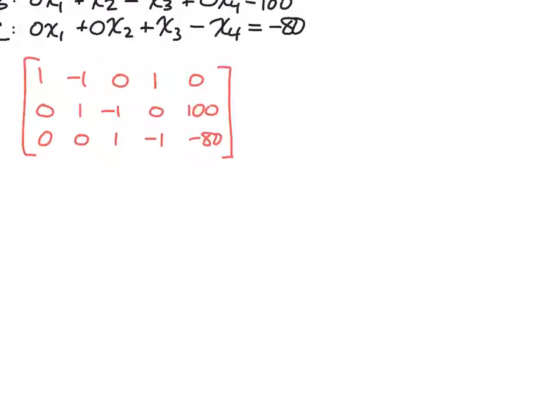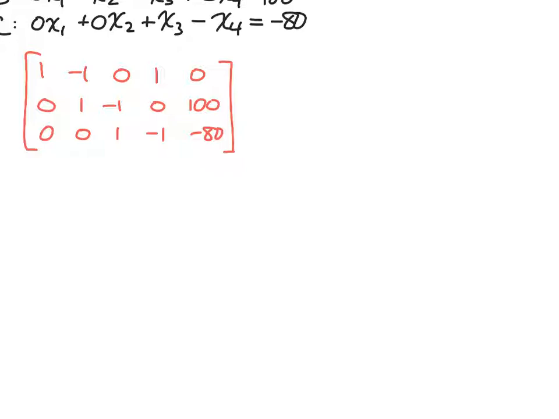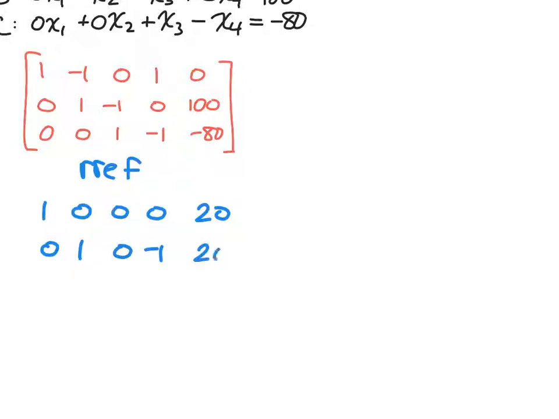Ref: 1, 0, 0, 0, 20. 0, 1, 0, negative 1, 20. 0, 0, 1, negative 1, negative 80. All right, so that's my reduced form.